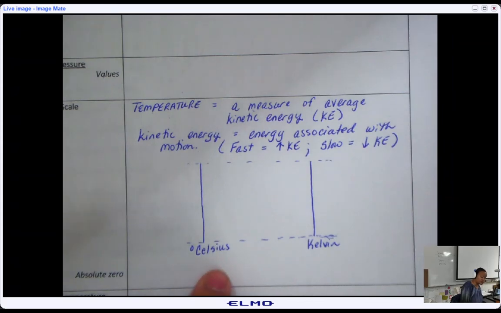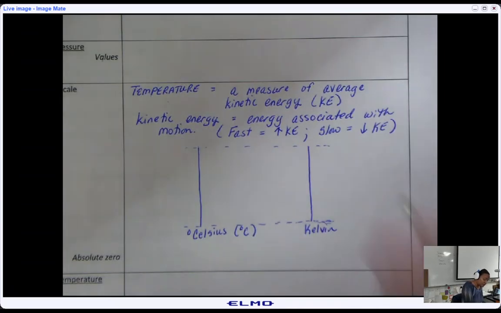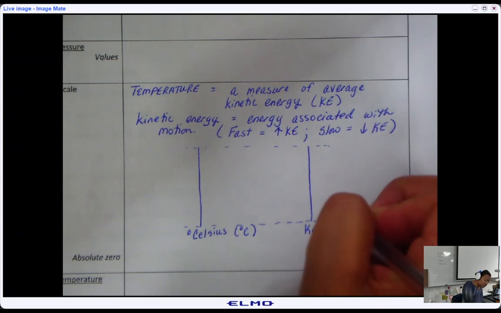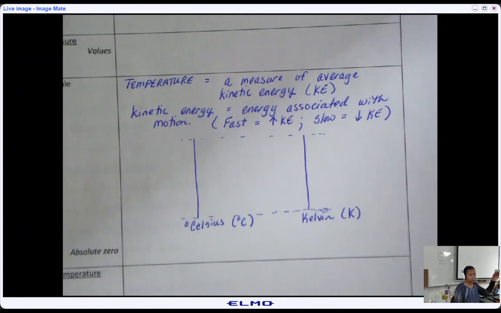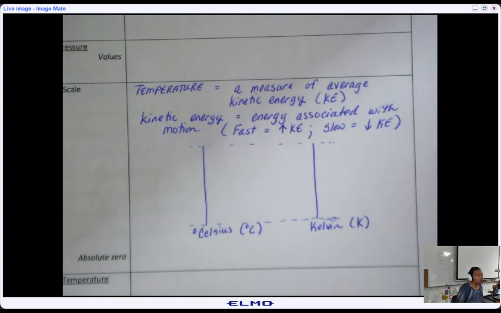Okay, so the way that this is abbreviated, when you write temperature, if it's 10 degrees Celsius, then what you have on the end of it is degrees Celsius behind the temperature. If it's in Kelvin, there's no degree sign, it's just Kelvin. All right? So there are three temperatures that you need to know.